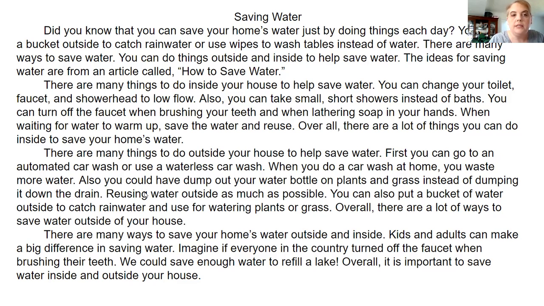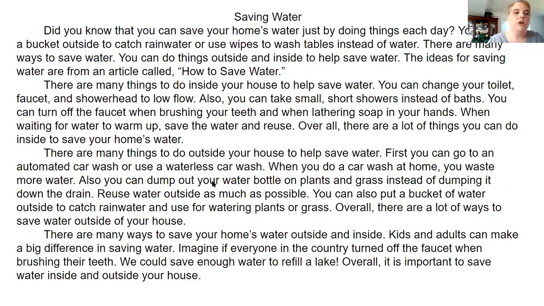That fits, that makes sense. Reusing water outside as much as possible. Again, that's a fragment, so we have to do something with this verb to make it make sense. So we're going to take out the ing and put an e on it so that it becomes a command. Reuse water outside as much as possible. That's a complete sentence. So that's the correction that we need to make.